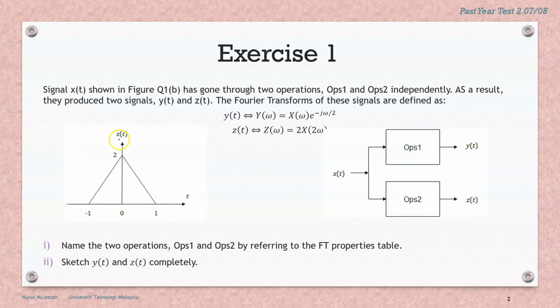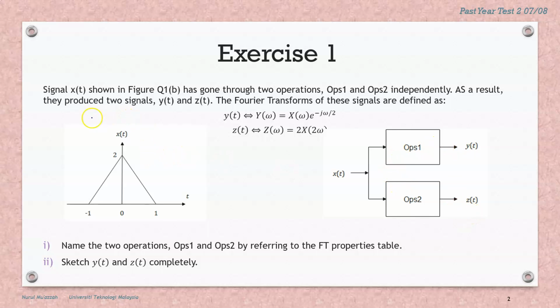Signal x(t) shown in figure Q1b here has gone through two operations, given as ops1, which is operation 1, and ops2 independently. As a result, they produce two signals, y(t) and also z(t).